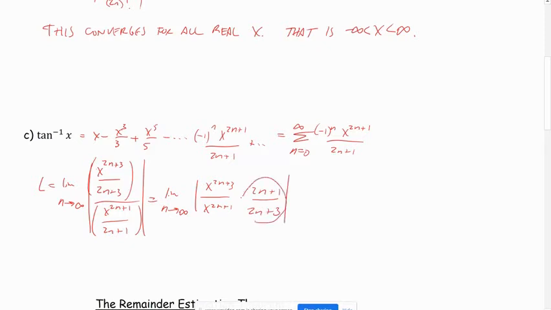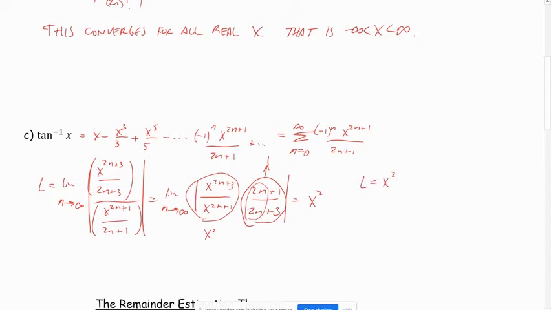So as n approaches infinity, this approaches 1 because it's really just 2n over 2n, which approaches, sorry, I wrote 0 and I said 1. It approaches 1, and this is equal to x squared. And so L is equal to x squared.